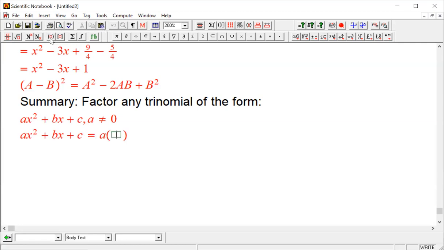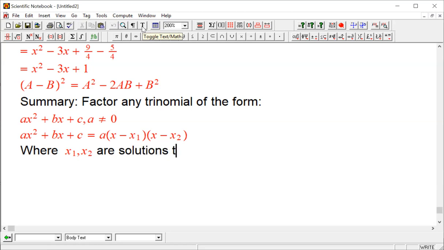We actually didn't do examples of when a is not equal to 1.